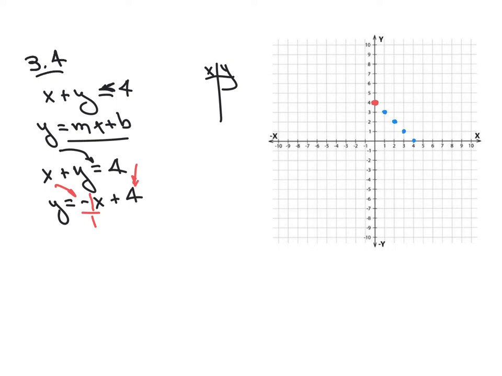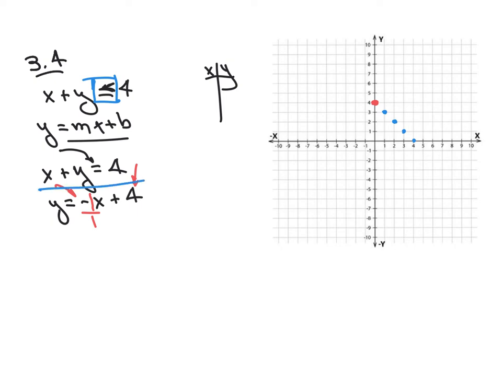So one of the things I want to look at now is what this inequality says. Let me erase that line for right now. It says that x plus y is less than or equal to 4.